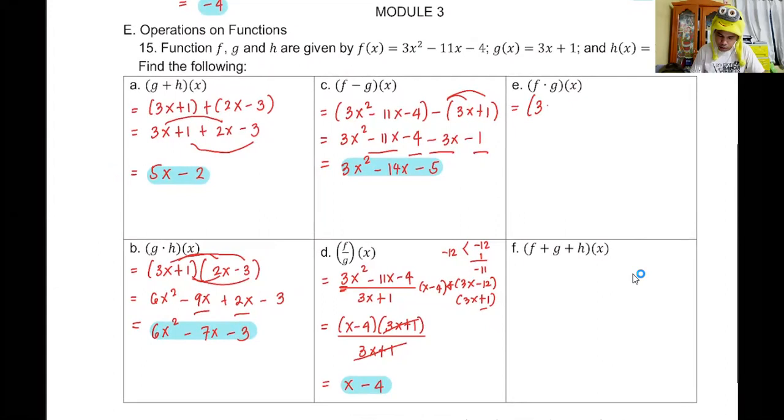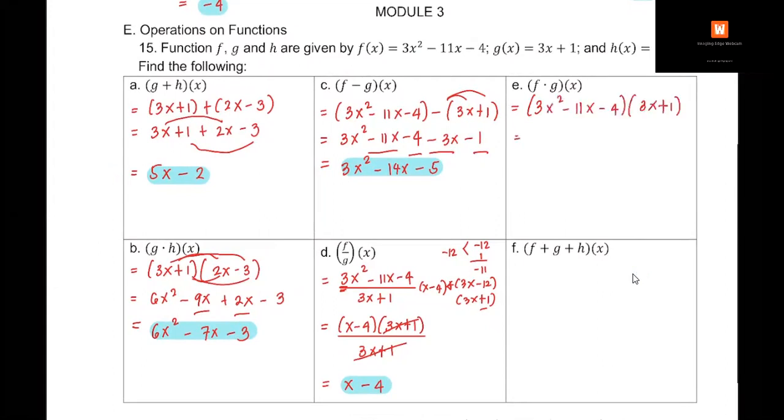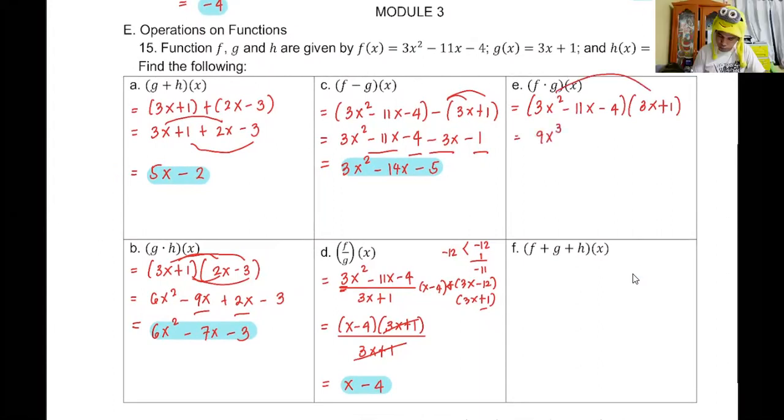We multiply it by G, which is 3x plus 1. Okay? So 3x squared times 3x, we have 9x cubed. 3x squared times 1 is plus 3x squared. Negative 11x times 3x is negative 33x squared. Negative 11x times 1 is negative 11x. Then, negative 4 times 3x is negative 12x and negative 4 times 1 is minus 4.